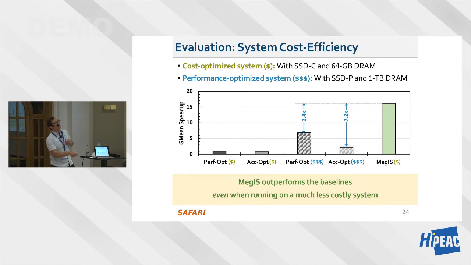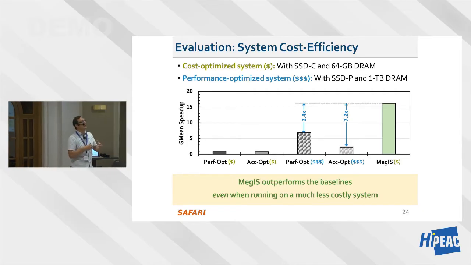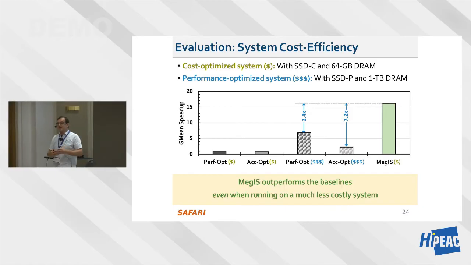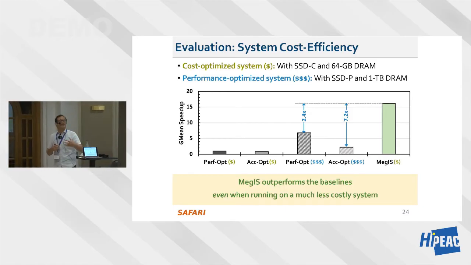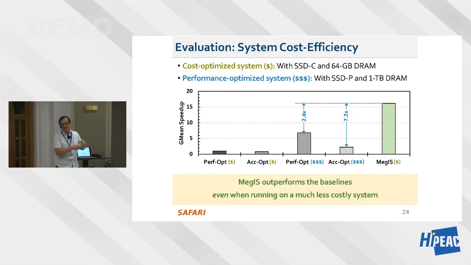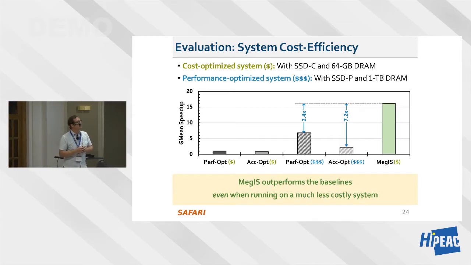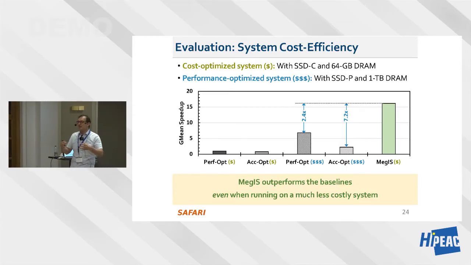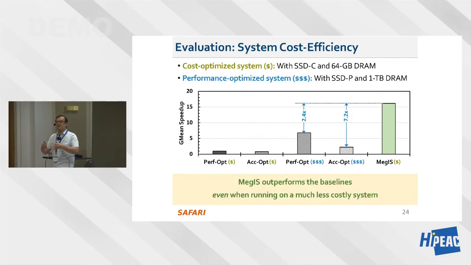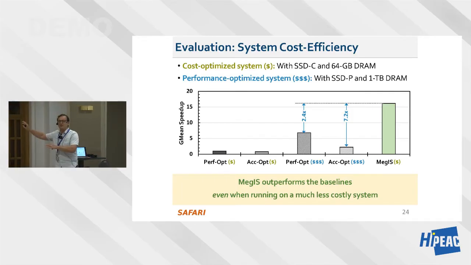Now if you use MegIS on top of a cost optimized system, you essentially outperform both, including the expensive baseline system. So doing in-storage processing with a less costly system, smaller DRAM and cheaper SSD with lower bandwidth, is much better than using a much more expensive SSD with a lot of DRAM without in-storage processing.